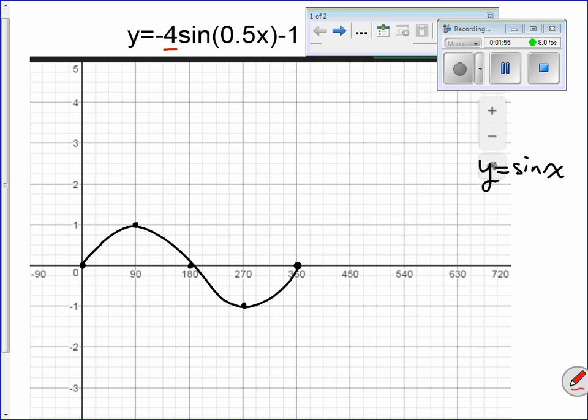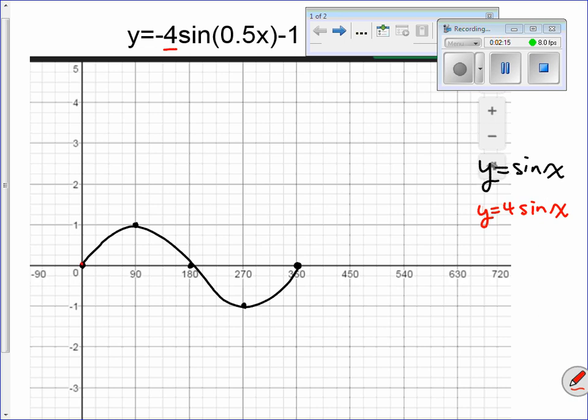So we're going to write y is equal to 4 sine of x as our next progression in the graph. Now, we still have all the same points except all of the y values have been stretched to a value of 4.